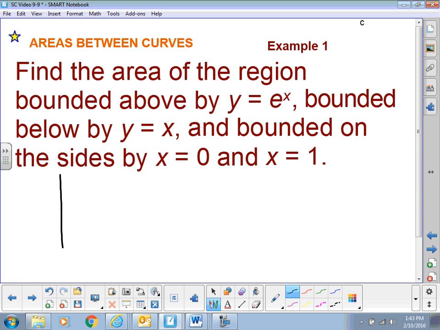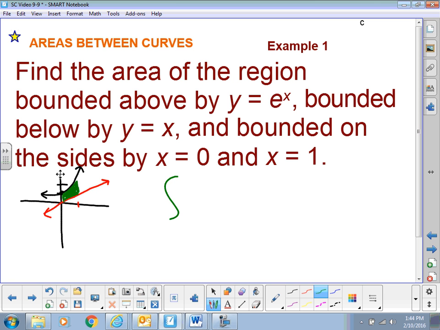So let's sketch a little graph. e to the x, when we plug in 0, we get back 1, and then that'll be curving upwards. y equals x is going through points like (1, 1), (2, 2), things like that. And we want to find the area in between 0 and 1. So essentially, we want this space here that we're trying to find.